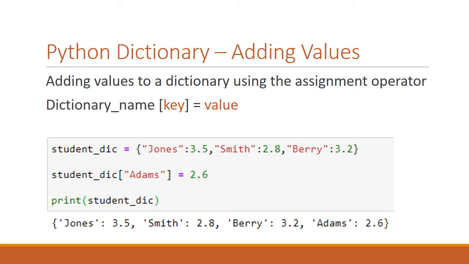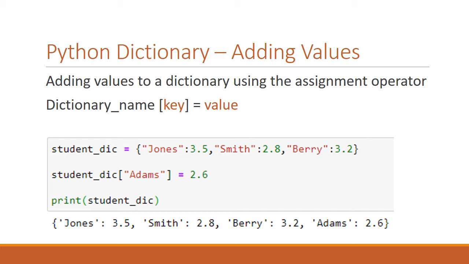One of the methods used to add items to a dictionary is the assignment operator. So the syntax for assigning a new item to a dictionary: use the dictionary name, square bracket, the new key, equals, and then the value that you want to associate with that key. So in our example, we want to add atoms to our student dictionary.